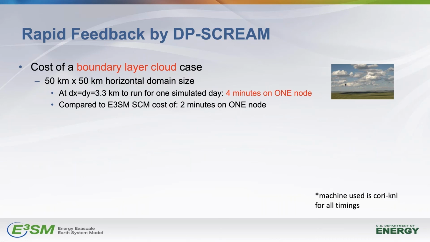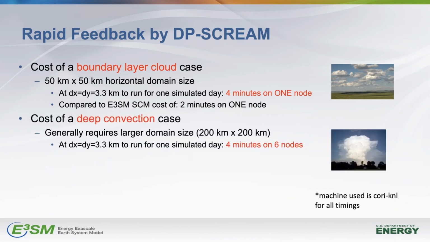Here we use 50 by 50 kilometers. Now at the standard Scream resolution, the cost to run one simulated day is about 4 minutes on one node on Cori KNL. Compared to the E3SM SCM, we see that the cost of DP-Scream is not that much more expensive. Thus, we are truly talking about rapid feedback provided by DP-Scream.